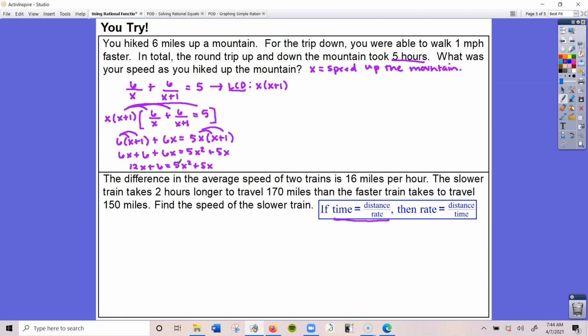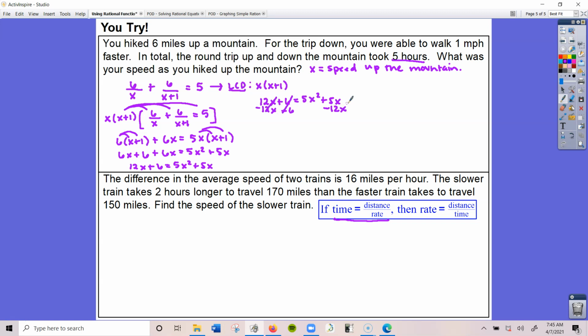Now this is a quadratic, so we want to make the quadratic equal to 0. So I would subtract this 12x and subtract the 6 over to the other side. So I'm just going to rewrite that over here. So we have the 12x plus 6 is equal to 5x squared plus 5x. Subtract the 12x.